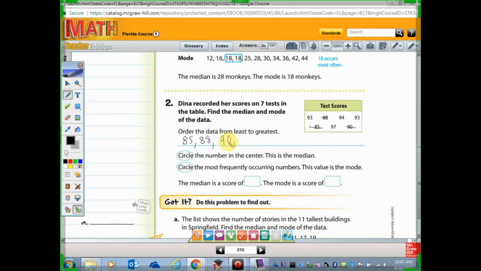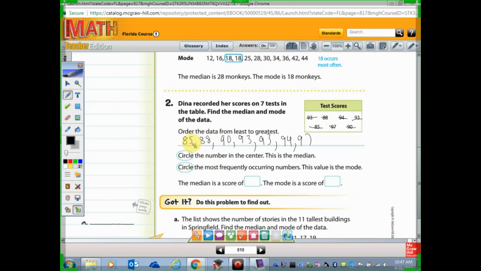Next, Michaela. 93. Next, Nevaeh. 93 again, correct. Good job. And the next one, Haley? 94. And the next one, Maddie? 97. Alright, so I look at this set.